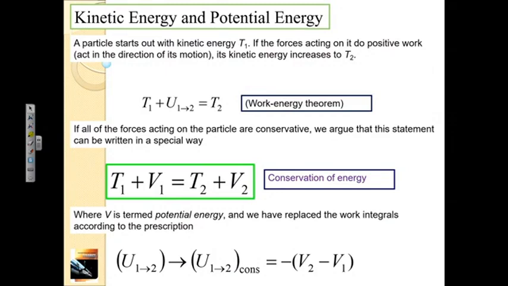So if you have the case where we don't have any external work from non-conservative forces, if your work between states 1 and 2 is 0, aside from gravity, aside from springs, we would have what we call conservation of energy.